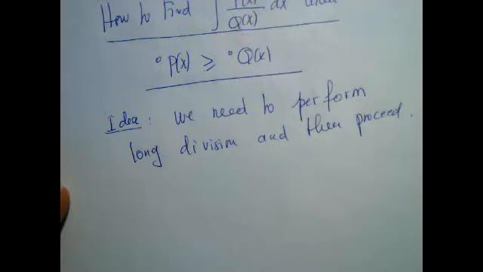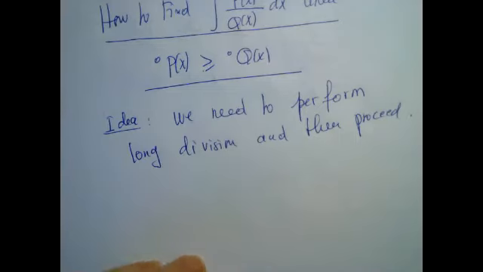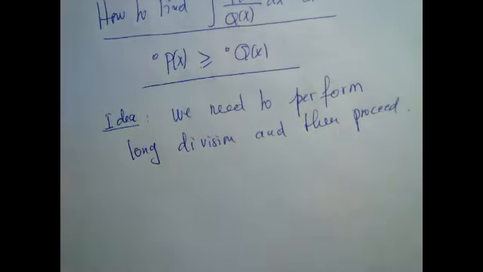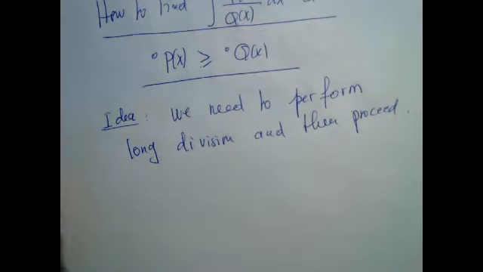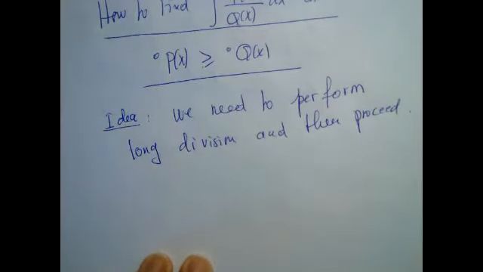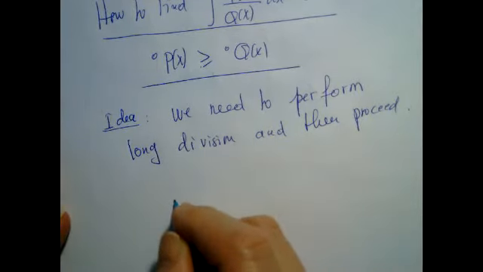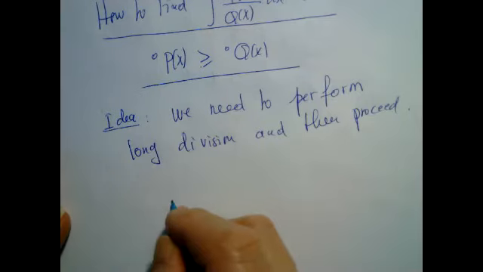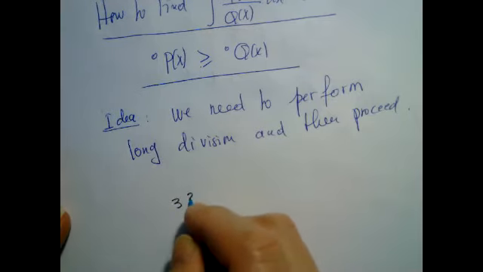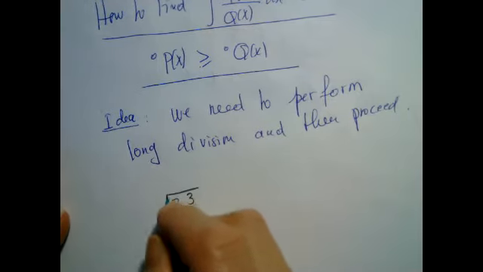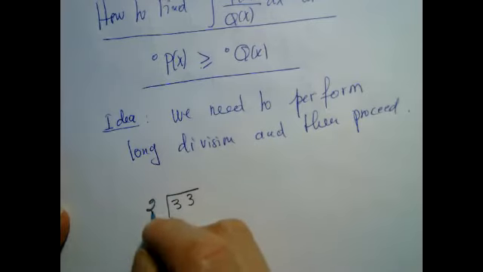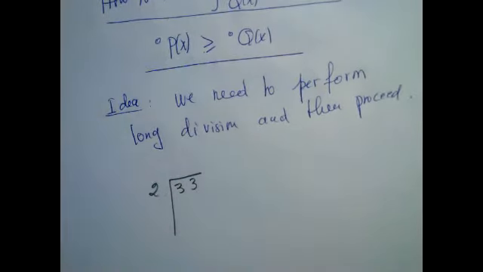Before I do long division for polynomials, I need to remind you how to do simple division. Let's go back a little bit to middle school or elementary school, and suppose I'm going to divide 33 by 2.